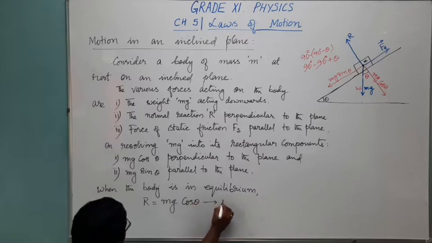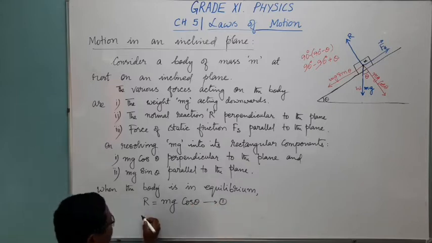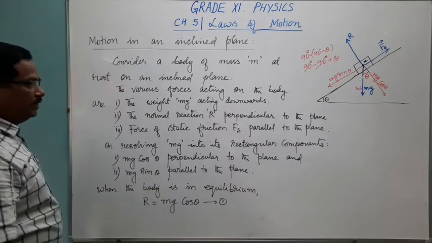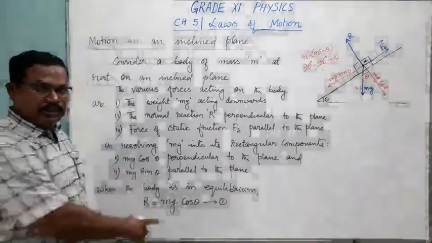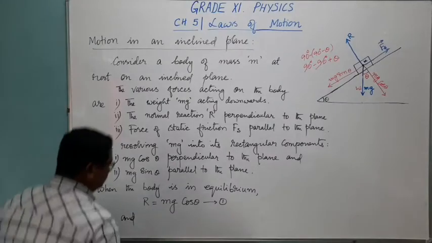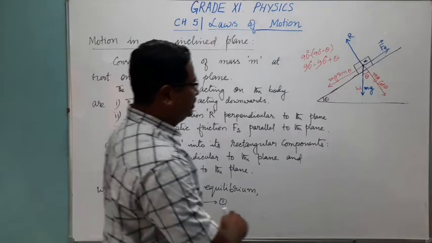Let us mark equation number 1. Or R, normal reaction, you know, when you use coefficient of static friction, now we cannot use it for the time being. We'll keep it as it is, because the body is not moving, so static friction will not come into play.